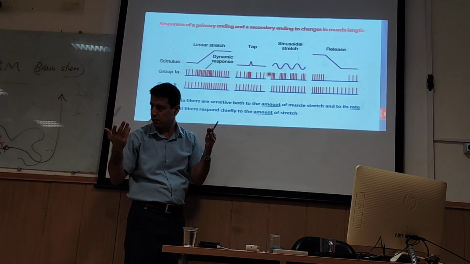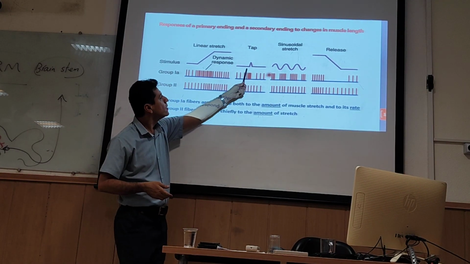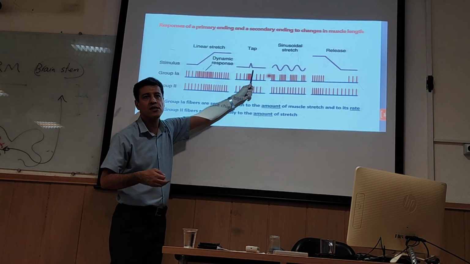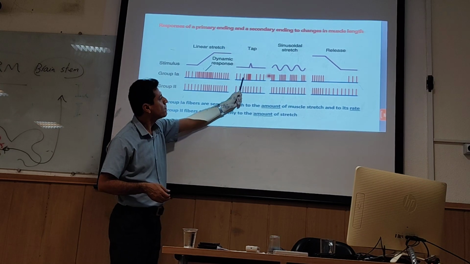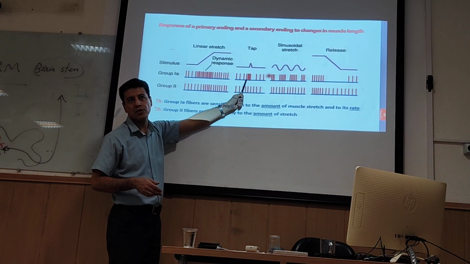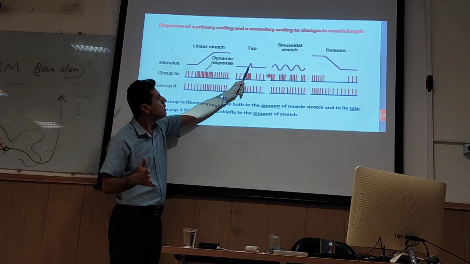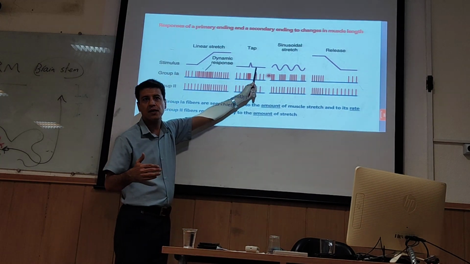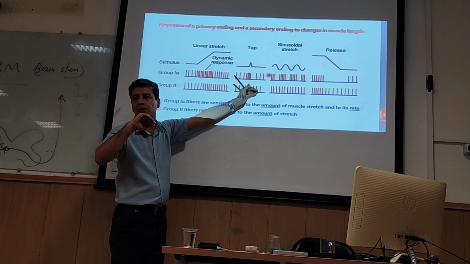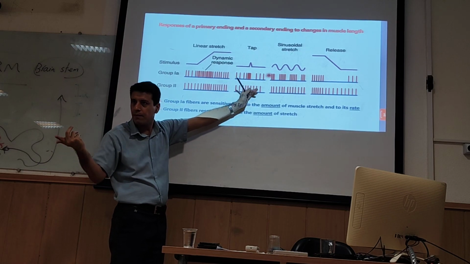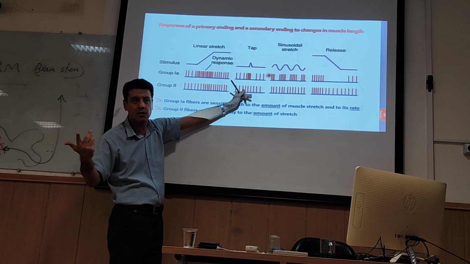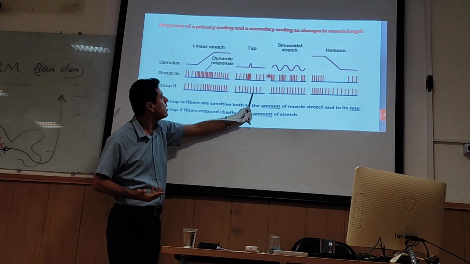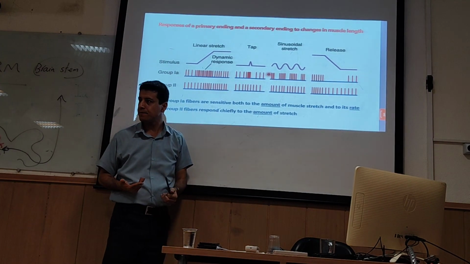It is not fixed. So during the tap, during this transient stretch, 1A fibers send several action potentials, the dynamic response. There is no static response because we don't have a new length, because it goes back to the resting state. So there is nothing here in group 2 fibers.